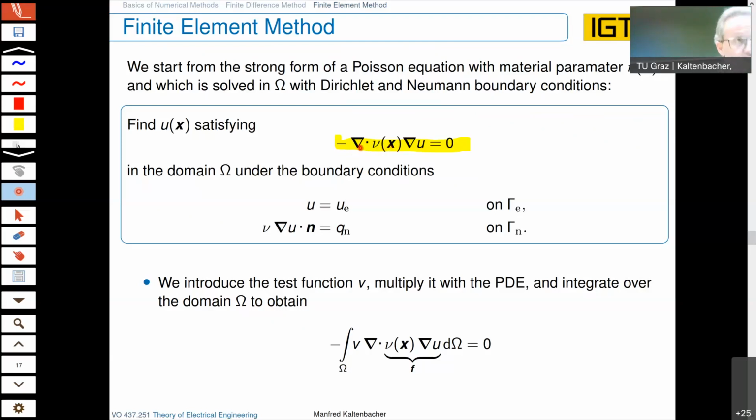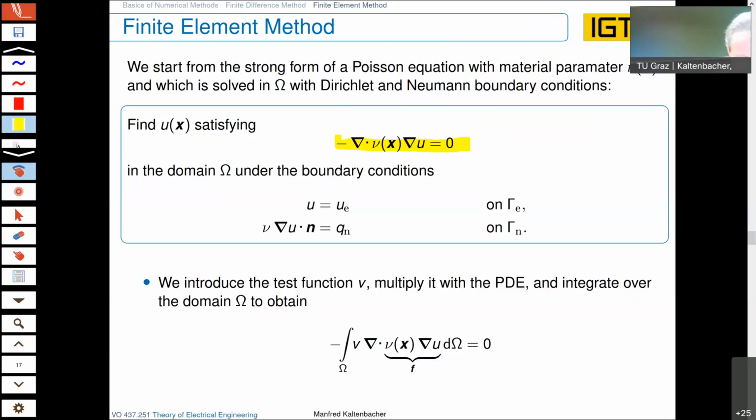And the divergence is a space operator. How do you apply such a space operator on a jumping material parameter? Okay, you would have the delta function, but it will not really help. So you need, again, some approximation, or you can do it exactly with the finite element method in this sense.